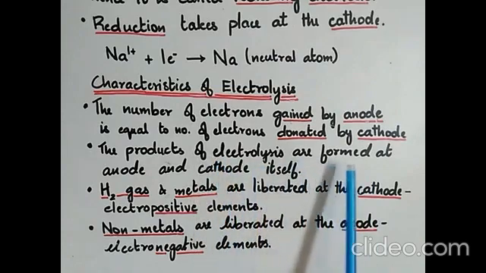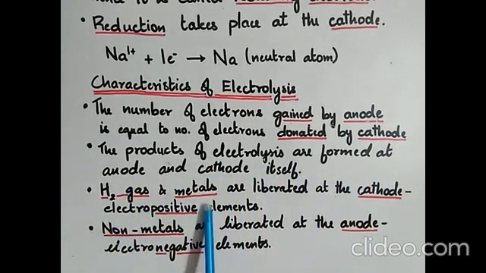So the products are formed at the anode and cathode. Hydrogen gas and metals are liberated at the cathode. Hydrogen is a non-metal, but like metals, it is liberated at the cathode. So they are called electropositive elements. Non-metals are liberated at the anode, and they are called electronegative elements.